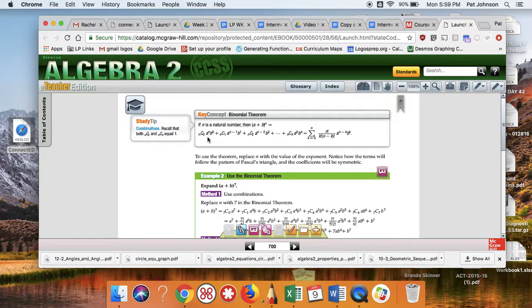So what would go there would be 4. So basically it's the sum. You can write it as a sum, sigma, where k is equal to 0 and n is your power of your binomial, which becomes n factorial over k factorial times n minus k factorial, times a to the n minus k and b to the k.